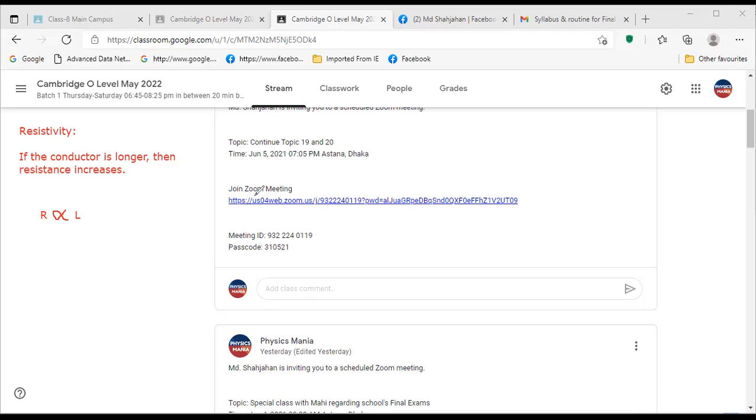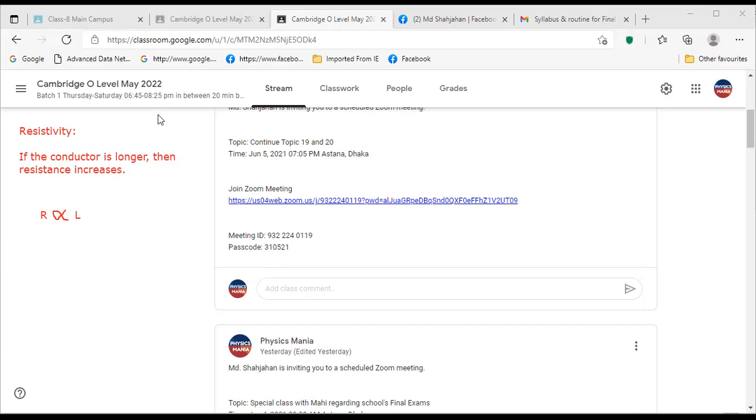So if the cross-sectional area is more, if the diameter is more, if the radius is more, that means your resistance will be less. Inversely proportional, right? So we write it now here.